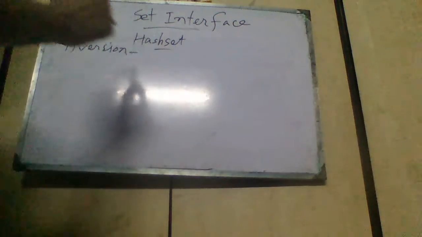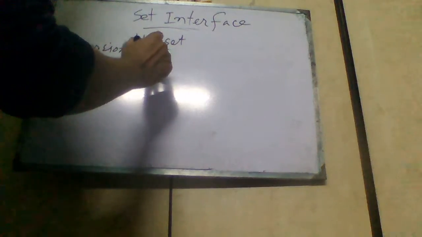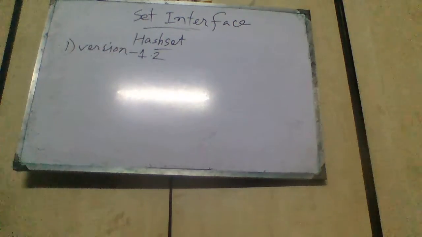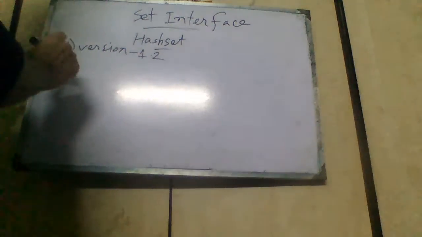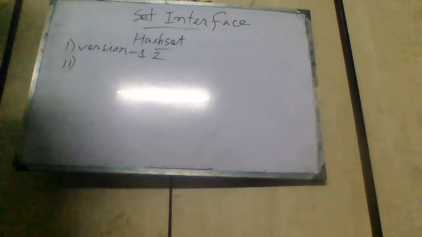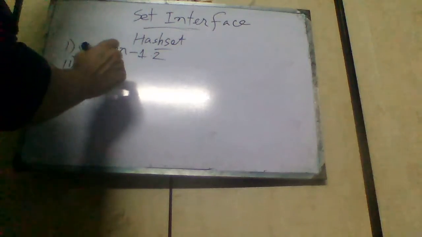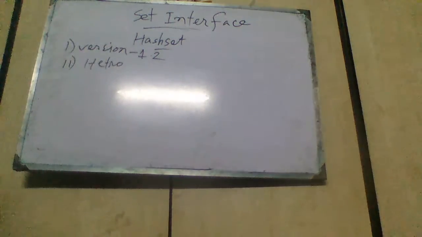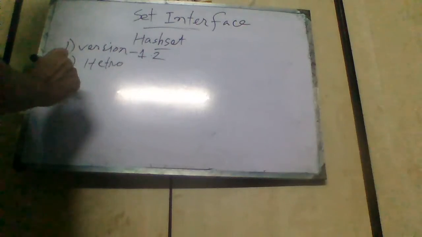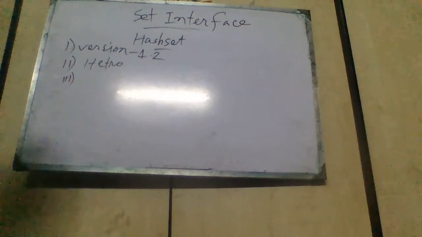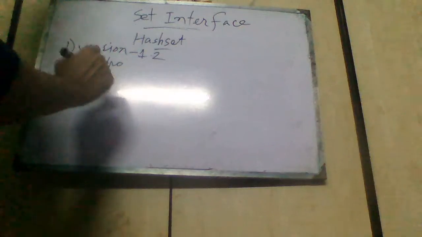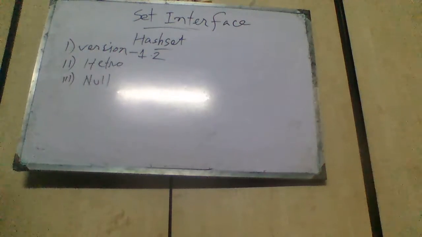In Java API version 1.2, HashSet is introduced. Number two, it can store heterogeneous data. Number three, it can also store null value.